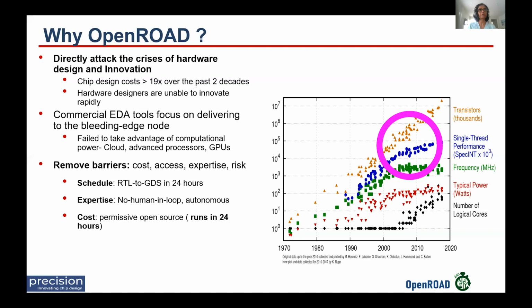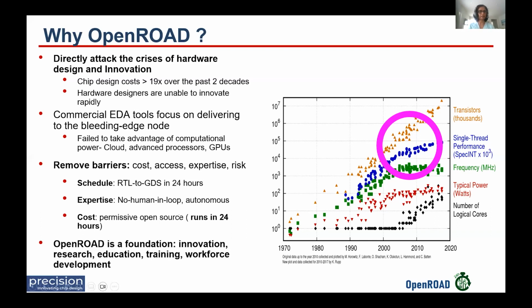So having this particular goal, which is being able to run these tools in an autonomous manner, with no human in the loop, with so many specific stages, and I'll share that, to be able to run that in an autonomous manner within 24 hours using permissive and open source licensing, right? This is our mission. This is what we do. And finally, we consider OpenROAD to be a foundation application.